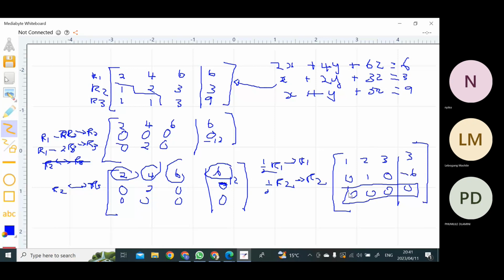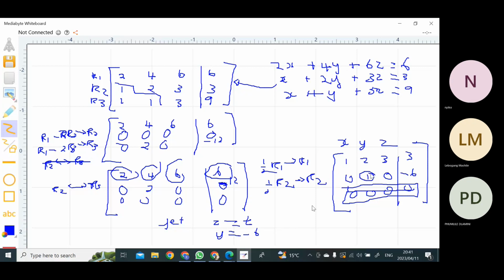So when you get a matrix whereby a row is all 0, it will have infinite solutions, whereby we have to let, if it's x, y, and z, our z be equal to t. So when you let z equal to t, then your y equals minus 6, because here your y equals minus 6.